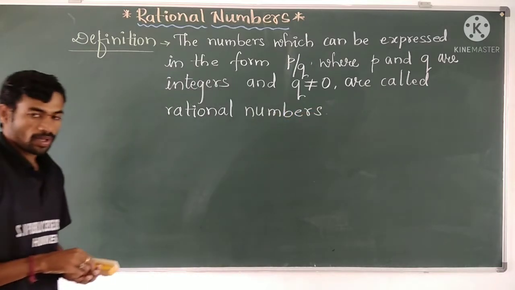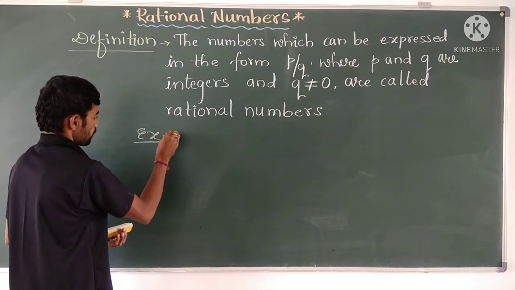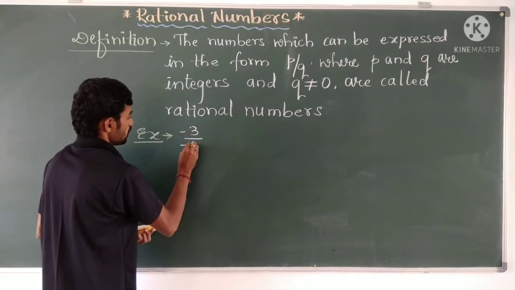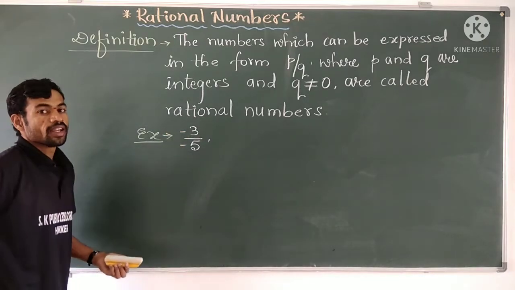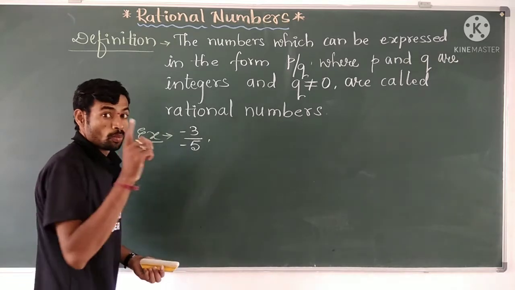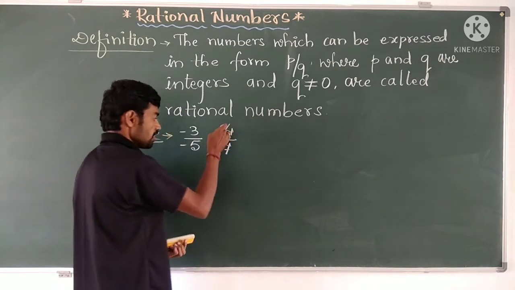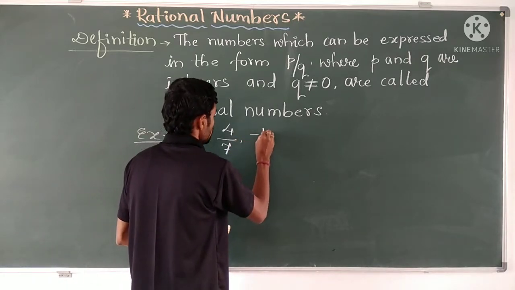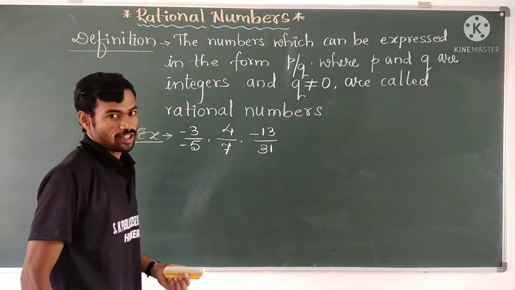So many examples we can give for rational numbers. Examples: minus 3 by minus 5. Both P and Q are integers, though negative, but it is a positive rational number. 4 by 7 is also a positive rational number. Minus 13 by 31 is negative.